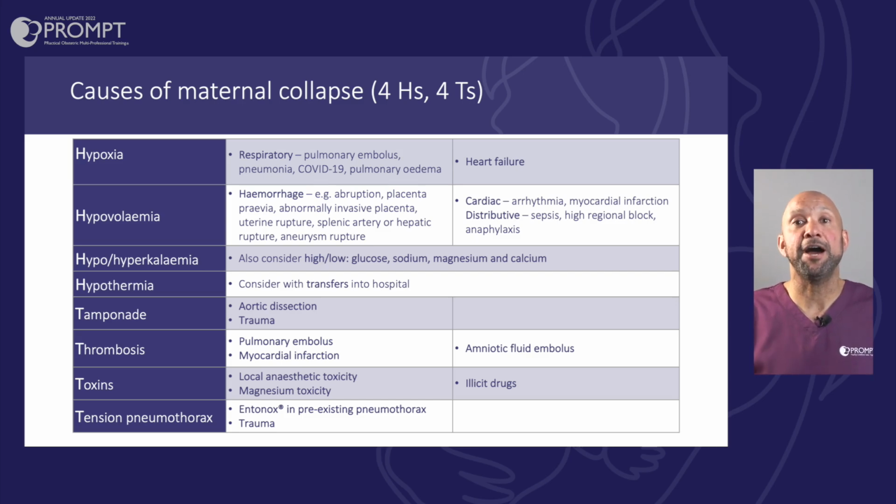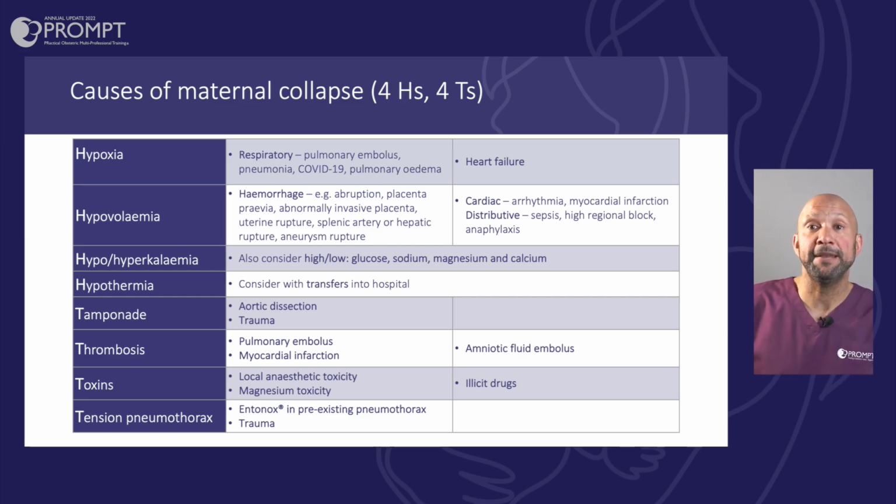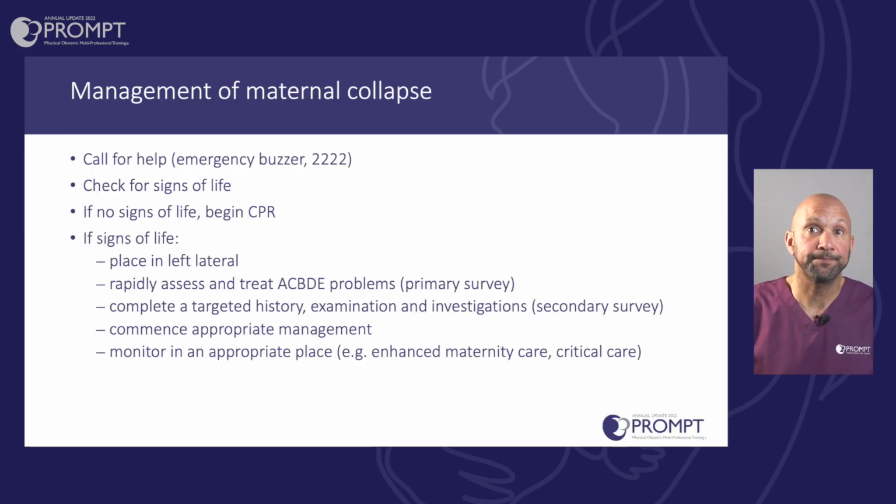And the other H is hypothermia. Then the 4 T's: tamponade, cardiac tamponade, thrombosis, toxins, and tension pneumothorax. So use this as a structure to think about what could be going on with the woman if she's showing signs of impending collapse or collapse.